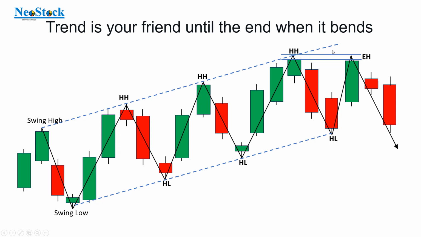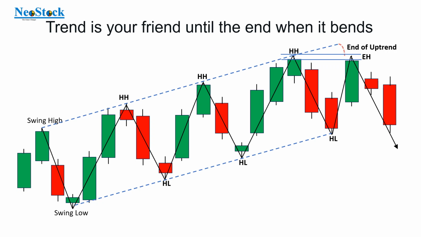Now compare this up movement with the change. This is the turn. This turn is called a bend. That means we are comparing the previous trend movement and the current movement, and that indicates the bend. This is the bend, and this bend confirms the end of the uptrend.